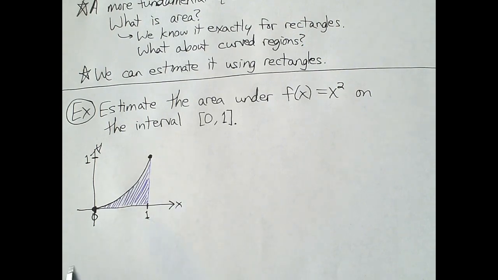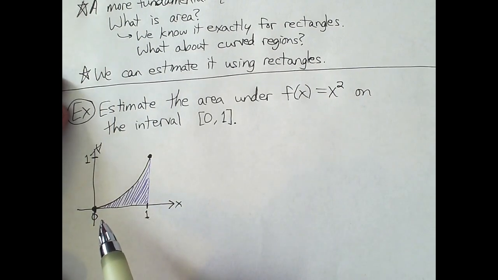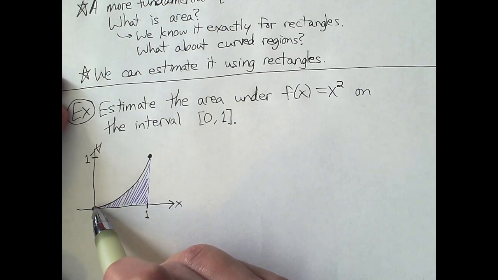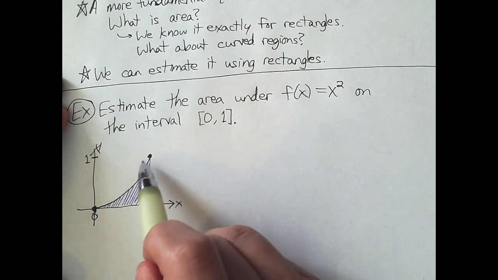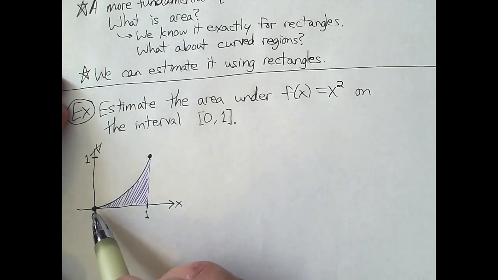In fact, I think we could also make an argument based on the picture that this area has to be less than 1/2 of a square unit. Because if I just drew a straight line connecting these two dots and made a triangle, that triangle would have an area of 1/2.